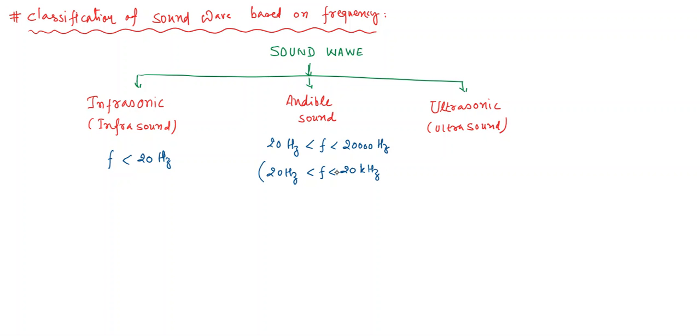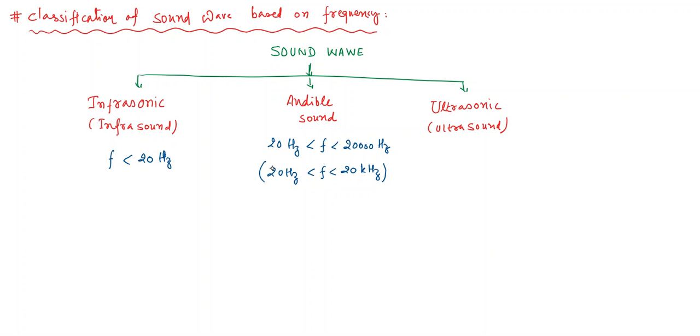These are the same, one in hertz and one in kilohertz, written in different ways. So the sound waves which are audible to the human ear are known as audible sound. Any sound having frequency between 20 hertz and 20 kilohertz is audible.